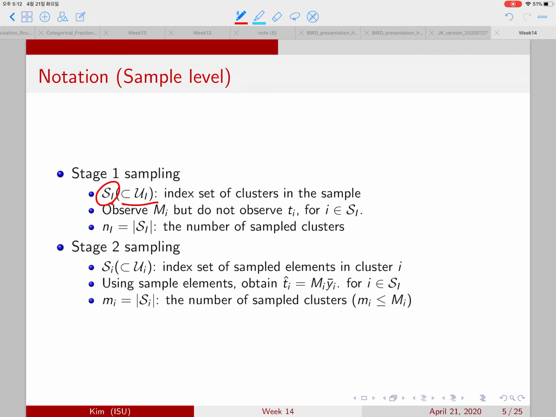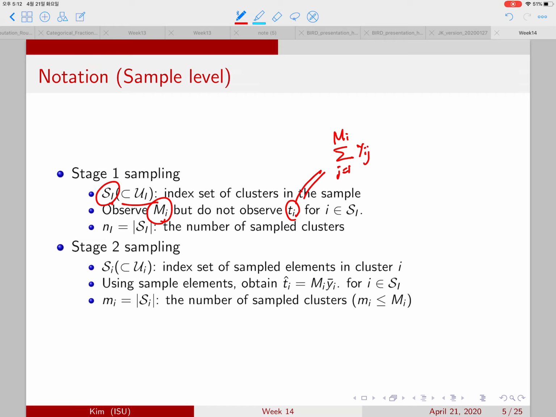From the sampled clusters, we have information on how many elements there are in the cluster, so we observe M_i, but we do not observe every element. T_i is the summation over j equal to 1 to M_i of y_ij, which we do not observe. In single-stage sampling, we observe T_i, but here we don't observe T_i because we don't observe every element in the cluster.